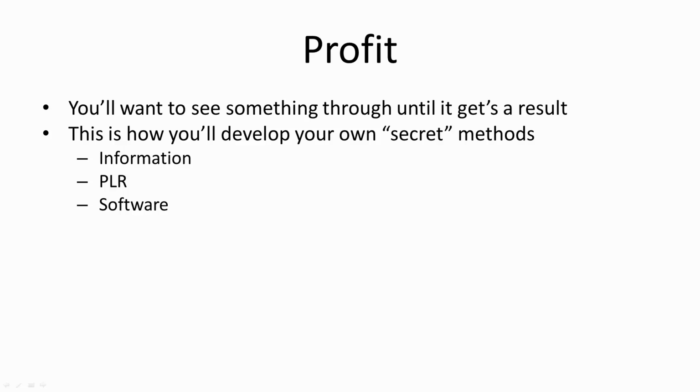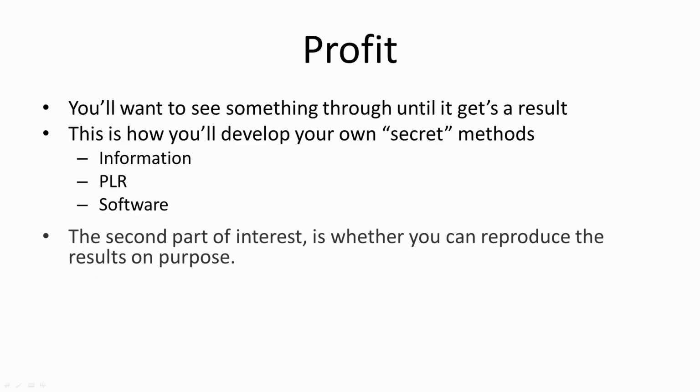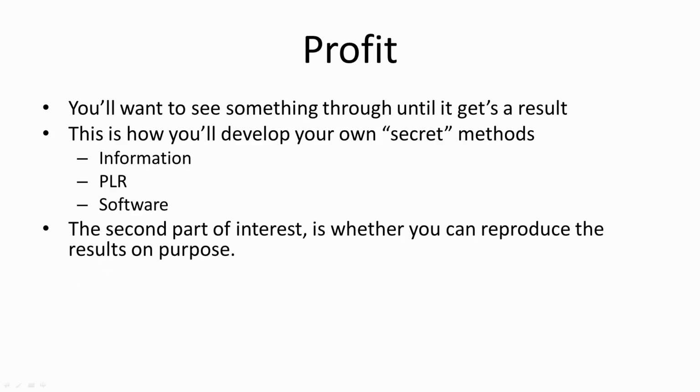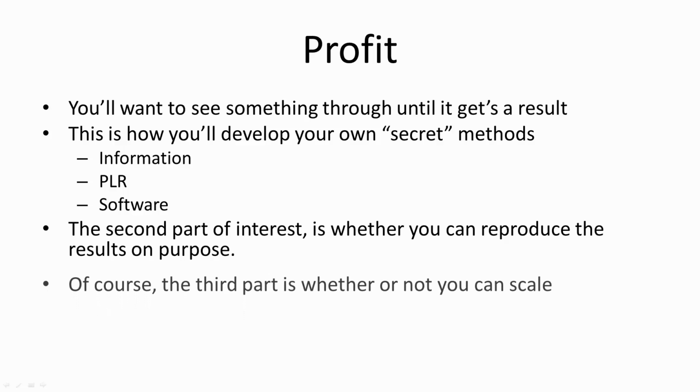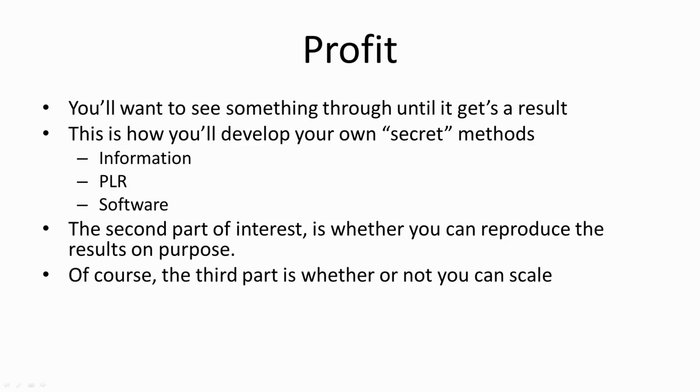Now, the second part of this is whether or not we're going to be able to reproduce the results. And that's where the result comes in. So can we, on demand, continue to produce the same result consistently over and over again with our method or whatever it is that we're going to be delivering when we actually make the sale? Of course, what's going to be of interest to internet marketers is whether or not we can scale it.